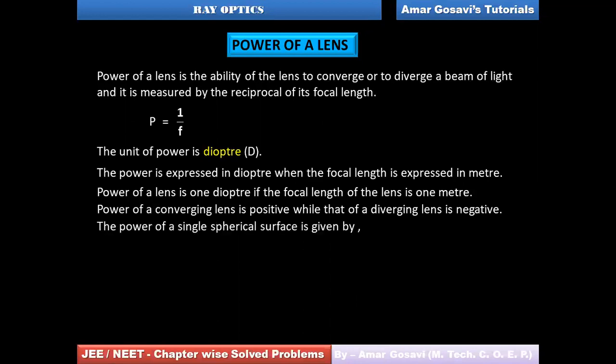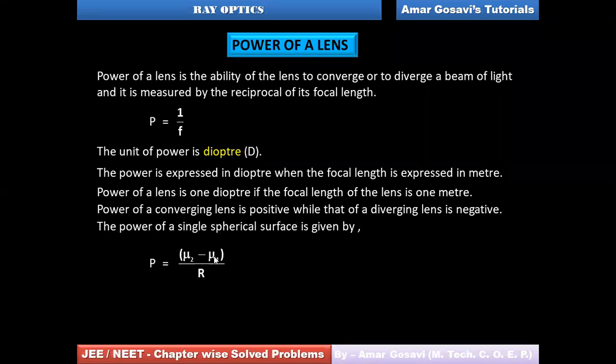Okay. Now you need to understand that if you break the lens into two parts, two parts meaning two curved surfaces being separated, and I just want the power of a single spherical surface, then that power would be given by mu2 minus mu1 divided by R, where R is the radius of curvature of that spherical surface.